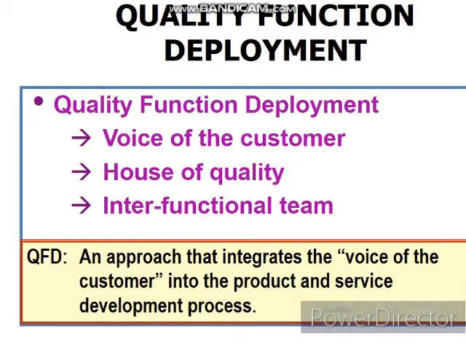Okay, so just to set things up before we start to look into the house of quality, which is one of the important tools and pillars of QFD. Just to recap, the three key pillars of QFD are: one, voice of the customer, meaning you need to start your design work based on customer input, and you can get the customer input from various means of data gathering.